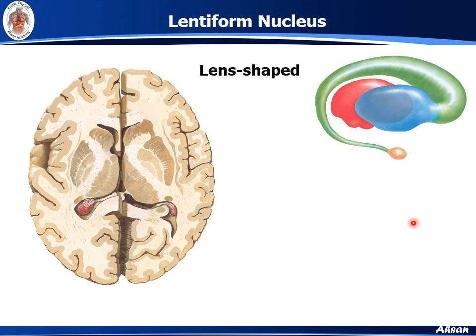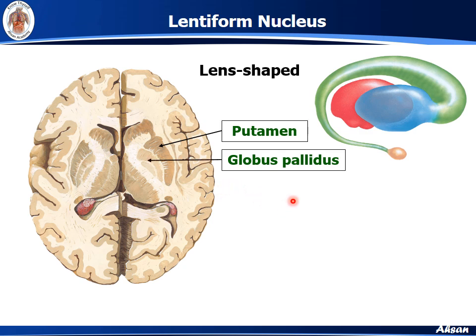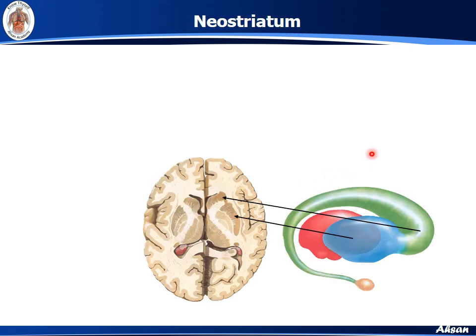The lentiform nucleus is so named because it looks like a lens, and it comprises the putamen, which is the outer part, and the globus pallidus, which is the inner part. It is relatively pale in color, so it is named globus pallidus. Neostriatum is another way of classifying the caudate nucleus and the putamen, having similar structure.